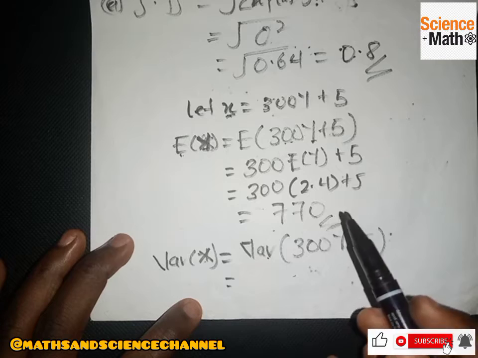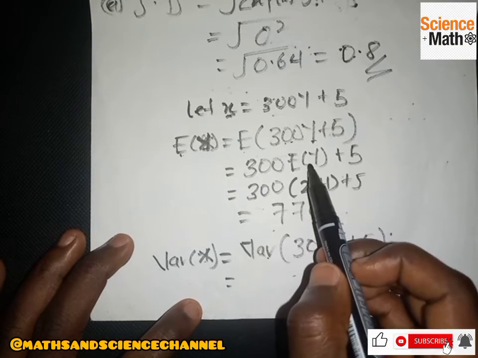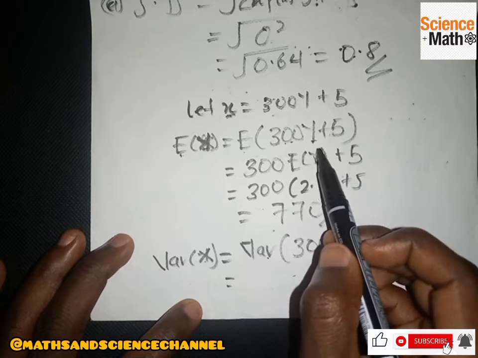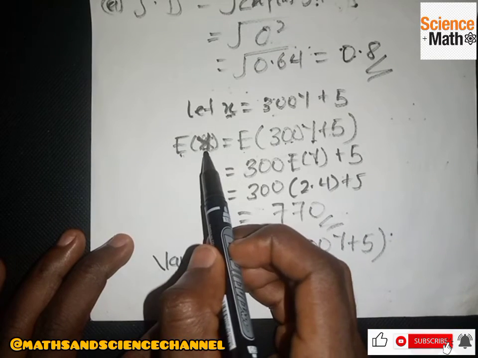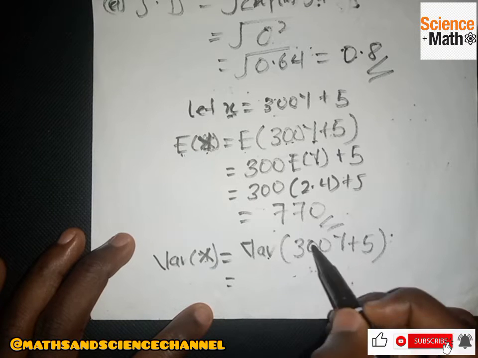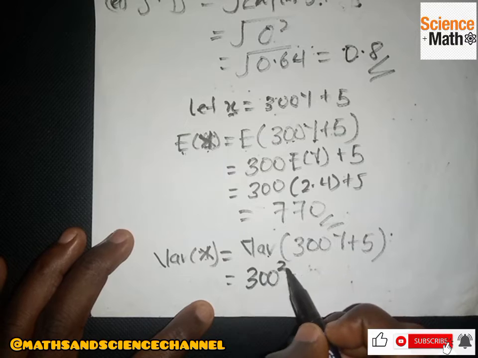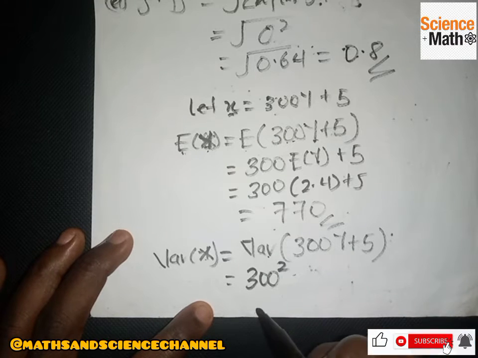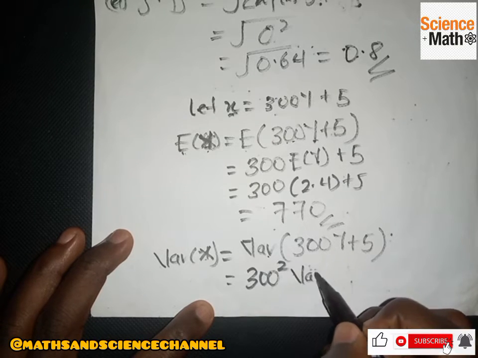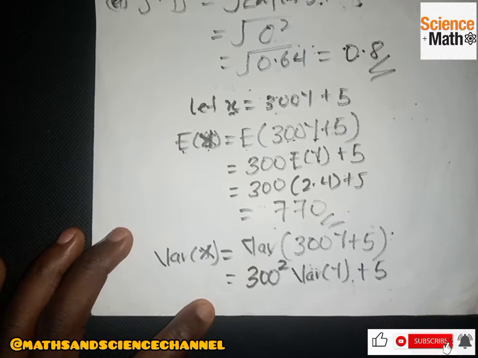The property says that if it's a constant, it comes out, then the emphasis will be based on the variable the function is dependent upon. So from here, what we do is that 300 is also a constant, so it comes as 300, but this time we square that one, we square the constant value, and then we have the variance of y, and then what is left is just a constant, so it comes out as just 5.